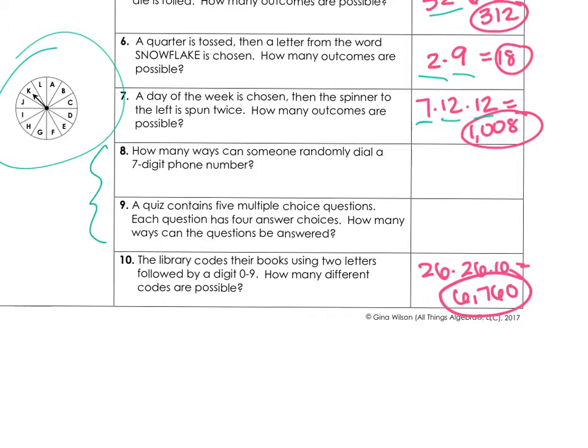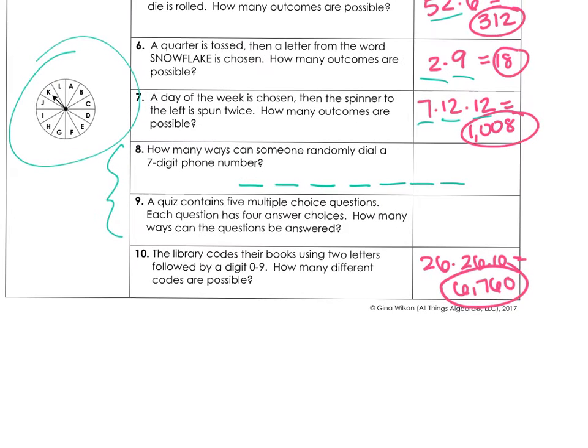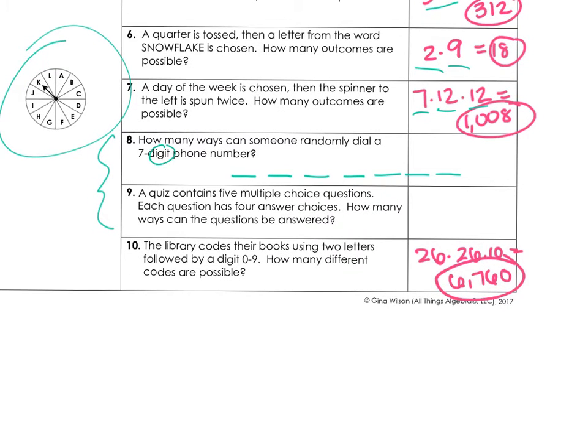It says, how many ways can someone randomly dial a 7-digit phone number? So if we have 7 digits that we're choosing, that's 7 times. Our digits are 0, 1, 2, 3, 4, 5, 6, 7, 8, and 9. So that's a total of 10 digits, but you can repeat digits in phone numbers.